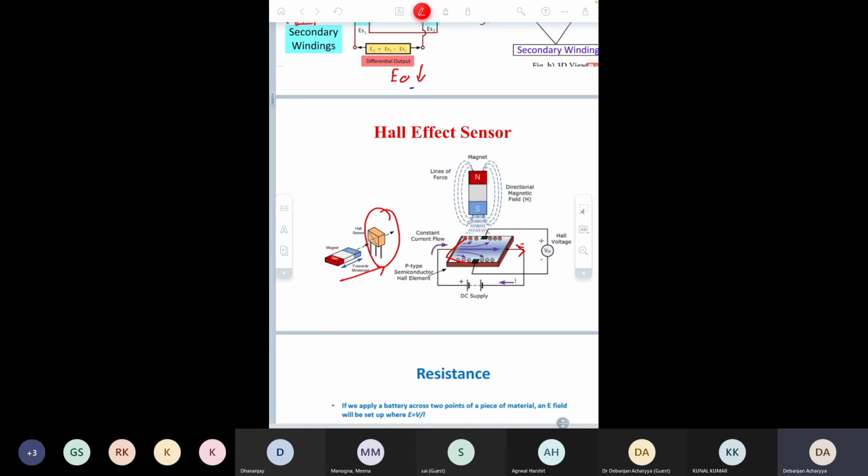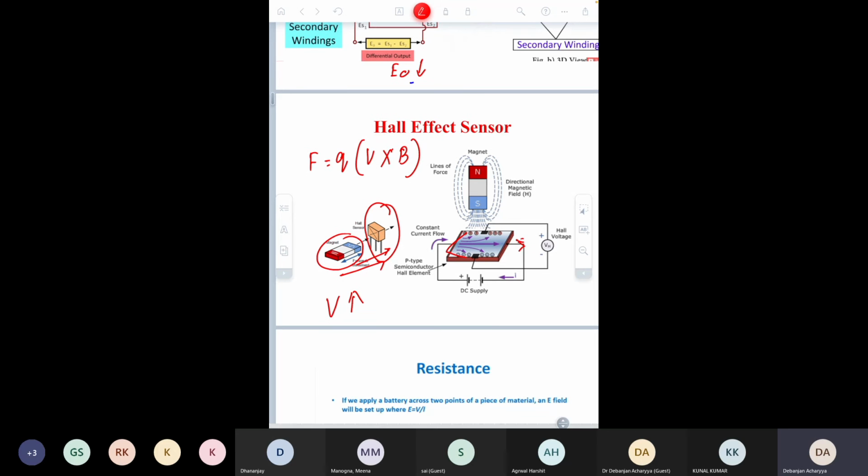Your voltage will also increase, because the Hall effect is governed by the rule F is equal to Q V cross B. So if the magnet comes closer to the Hall sensor, the voltage also increases. That means you can measure the presence of any magnetic field, or the movement of the magnet near the Hall sensor.